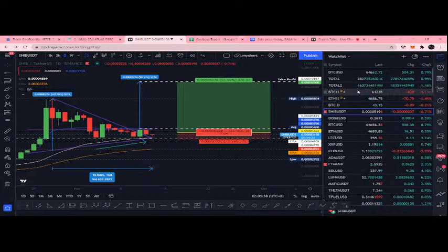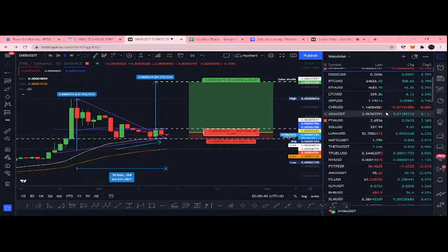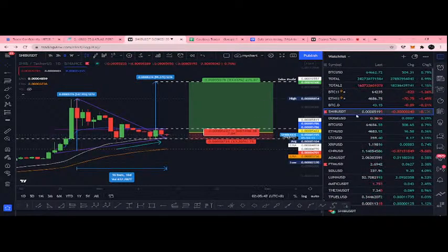So ano bang i-trade ko bukas? I don't know what I will trade tomorrow, but possibly I'll be looking at Shiba, and then FTM. I'm sharing FTM, and I have a long position at $2.60. I'm sharing it so that at least you can see what I'm doing.